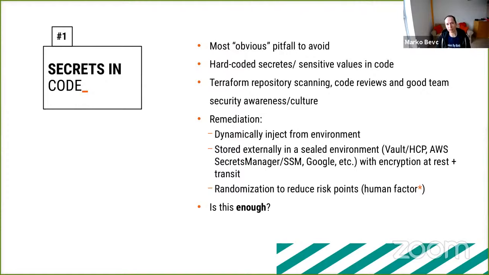So if we look at secrets in the code, what kind of remediation can we have there? First of all, the first improvement to work on is to dynamically inject values from the environment. That's a really good first start.